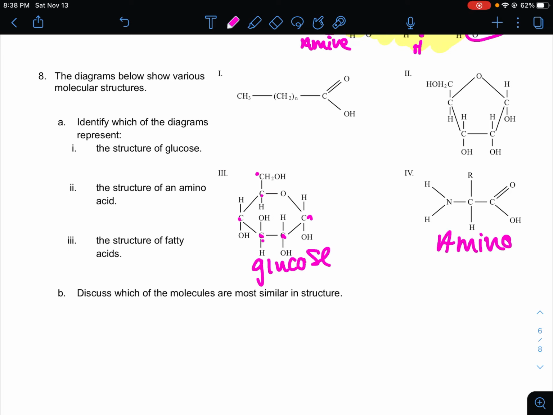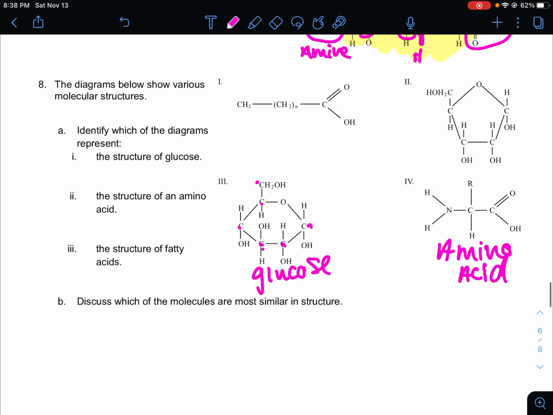So it has to be this one. And then the one that looks like the fatty acid would have the carboxyl group and then those CH2 chains. So this would be the fatty acid. And then it doesn't ask you, but this one is ribose. And you can tell because it has 1, 2, 3, 4, 5 carbons. And it looks like the pentagon.